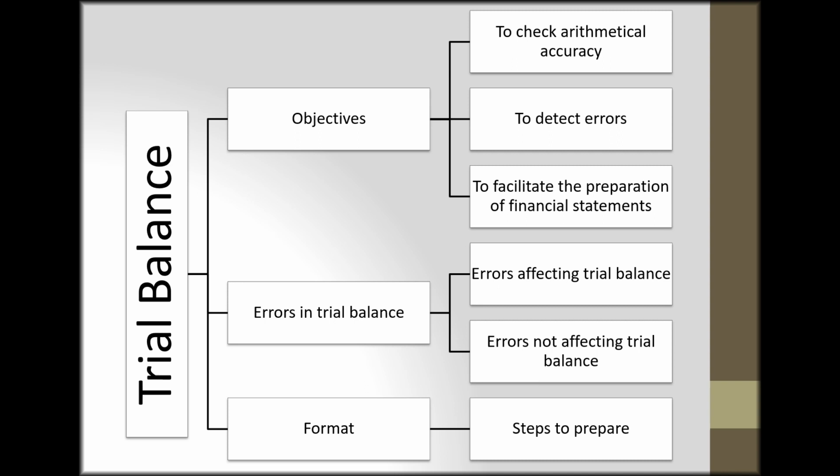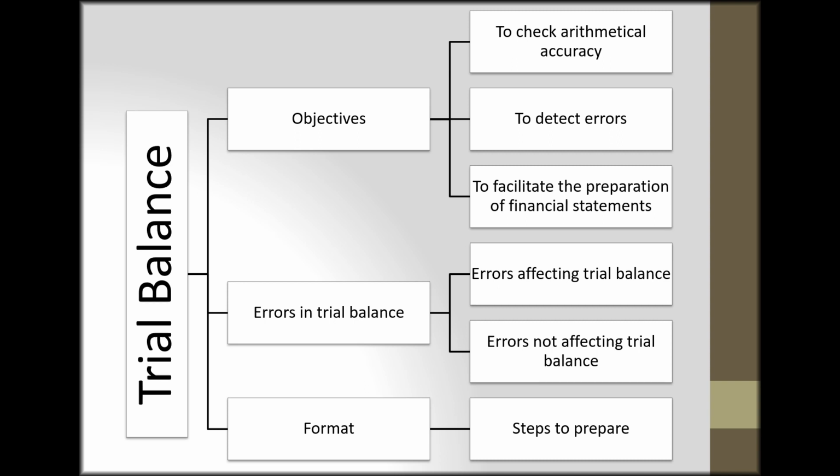Next, about the errors in the trial balance. We talk about errors from the computation or from the principles; it could be different errors. These errors can either affect the trial balance or not affect it. What does it mean? Affecting the trial balance means we can see the error from the balance of debit and credit. If there is a disagreement between the debit balance and the credit balance, then the error affects the trial balance.